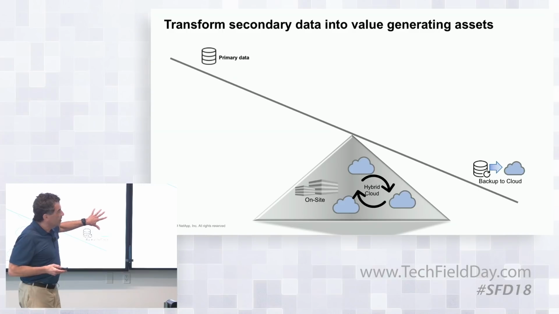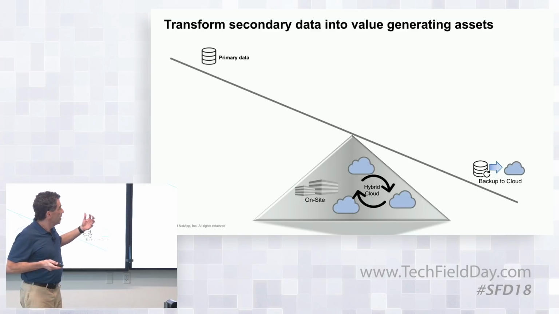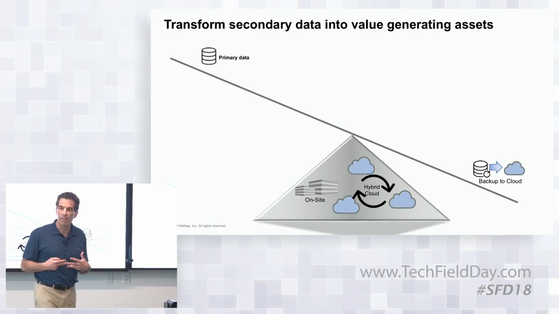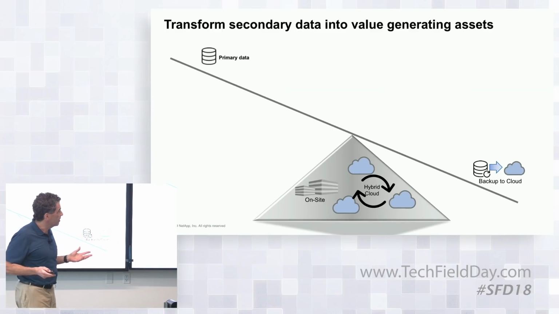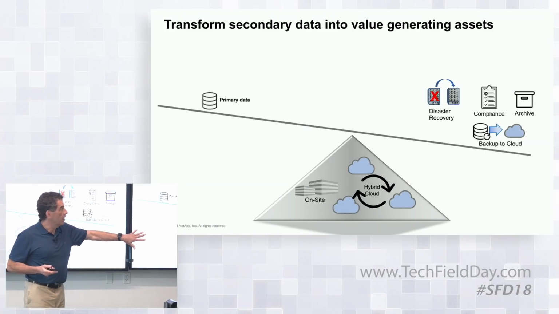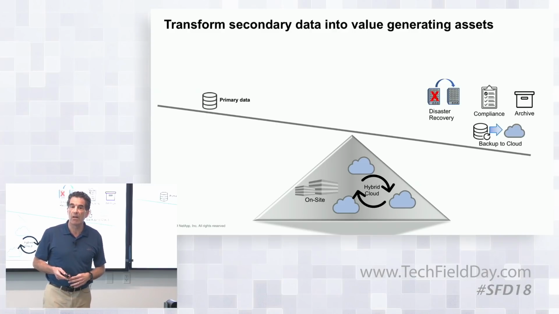As they leverage the hybrid cloud, their primary data gets more leverage, and that's what this graphic is about. The more you leverage the hybrid cloud and gain that synergy between on-prem and cloud, your primary data gets more leverage for your business. Initially, it's with backup workflows to the cloud, but now we see our customers leveraging the cloud for disaster recovery, compliance, and archive.